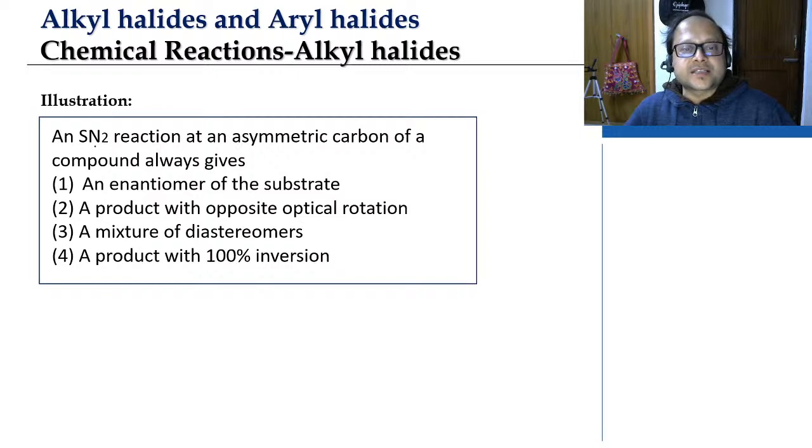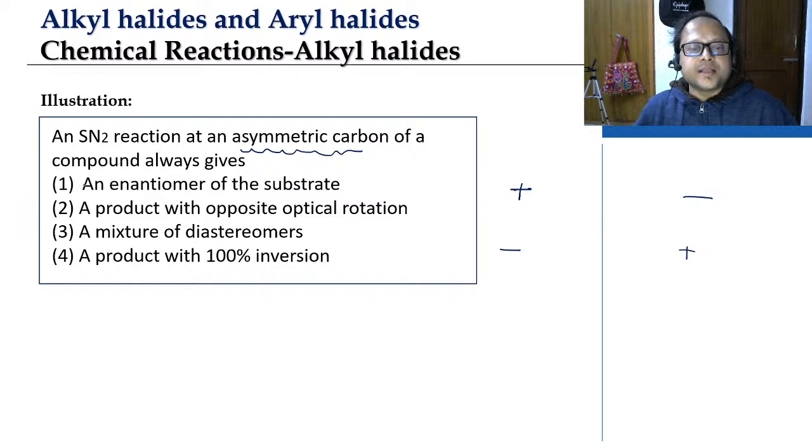So as we discussed, in an SN2 reaction of an asymmetric carbon, chiral carbon, it is always a bond inversion. That means if you start with plus, you will have minus. If you start with minus, you'll have plus. So it is complete bond inversion.